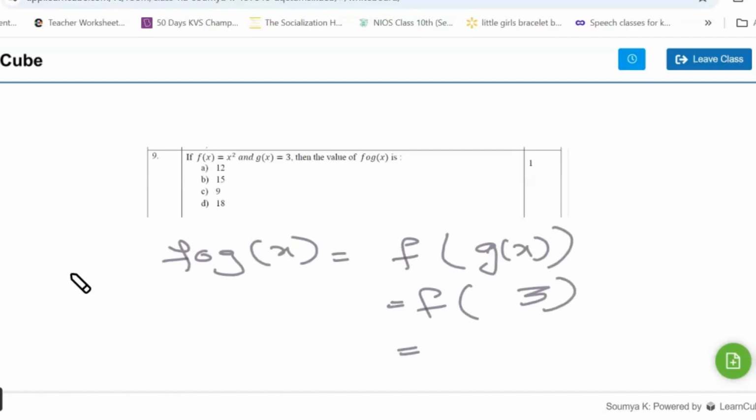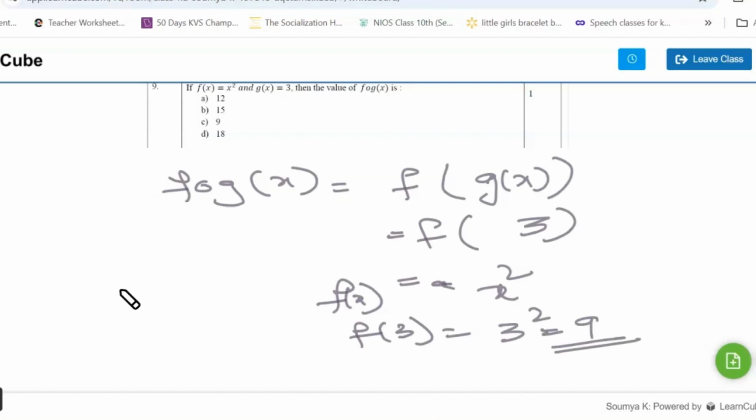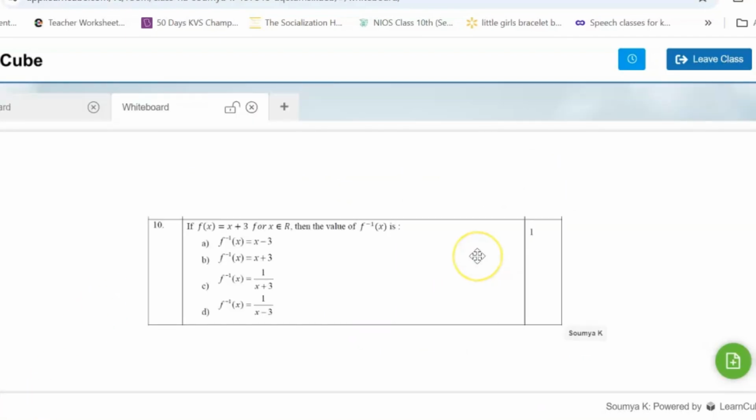So in that case, you have to apply f of 3 to the given equation. So basically it is given as f of x is equal to x square. Substitute this f of 3 into this, and that is 3 square, that is 9 you will be getting as the answer. This is the question given to you.